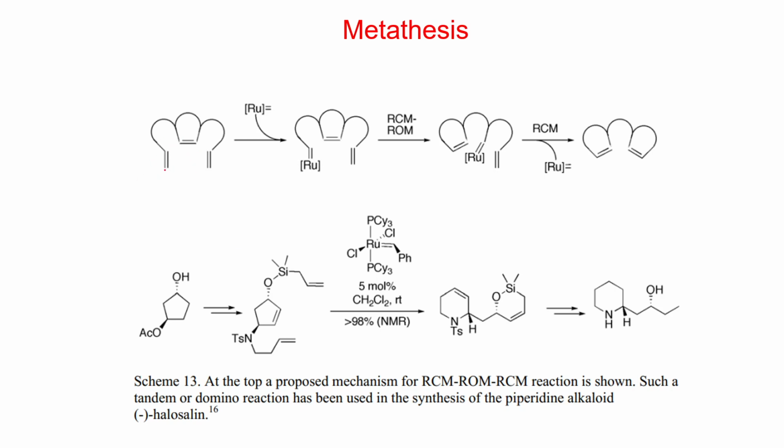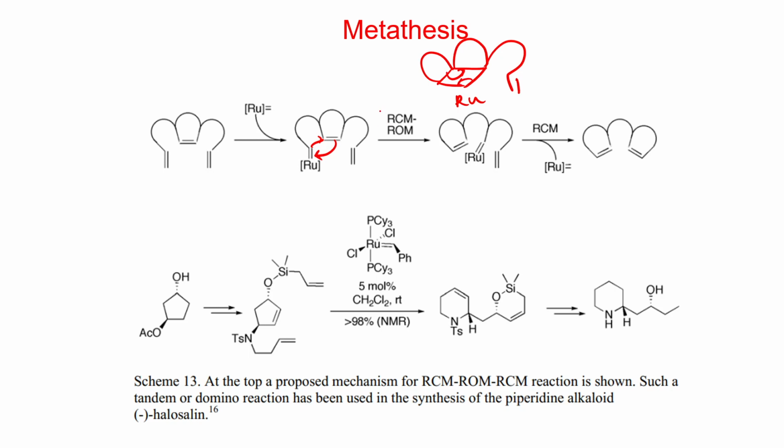This is actually an example of a combination or cascade metathesis reaction. At first this should be activated like this. Now here you can do a metathesis reaction like this, and it is actually a combination of ring closing and ring opening. With the first step you are doing a ring closing reaction with the ruthenium catalyst, and here now the ring opening would be happening.